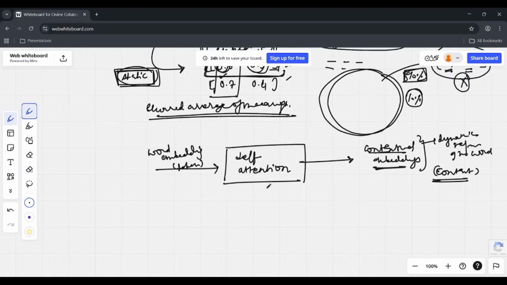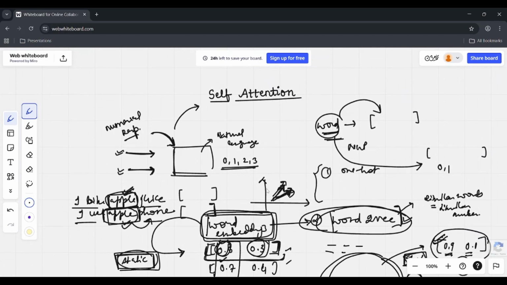So from vector embeddings, we jumped to word embeddings. These vector embeddings were not able to capture the semantic meaning, so we moved to something that was able to capture the meaning of the word. And with the meaning of the word, there was one problem: it was static.